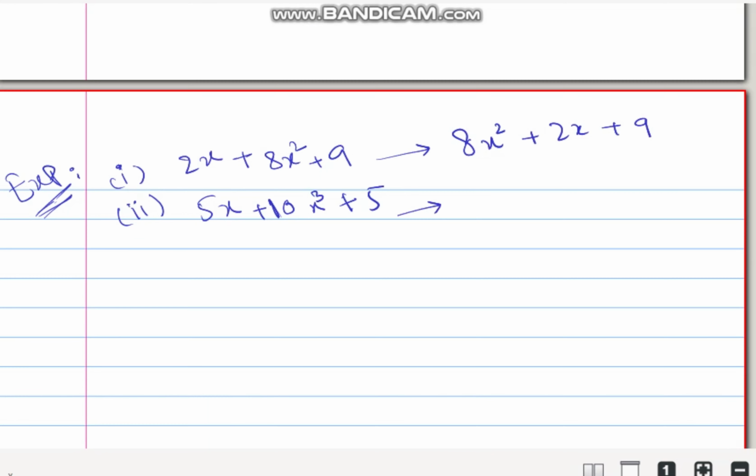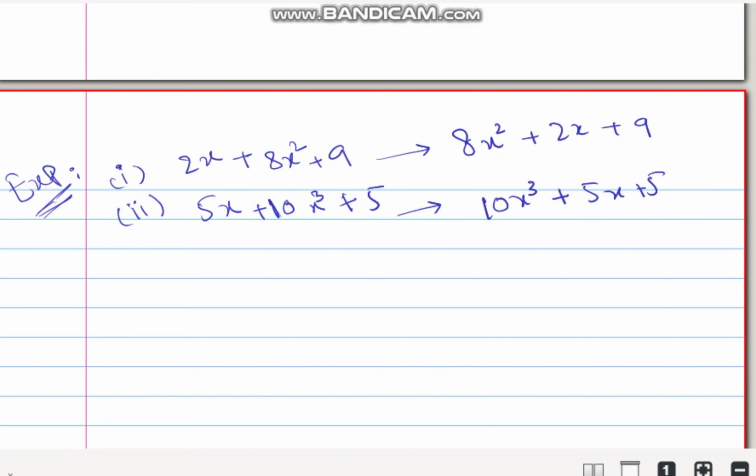Similarly, Nahid, please be aware of the order of the representation of a polynomial. How will you represent a polynomial? You will write the higher power terms first, like this: 10x cube plus 5x plus 5.